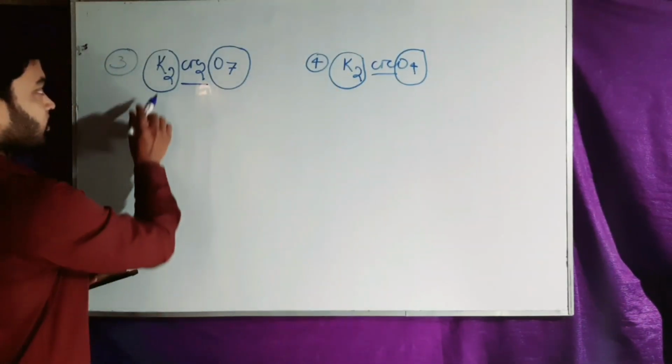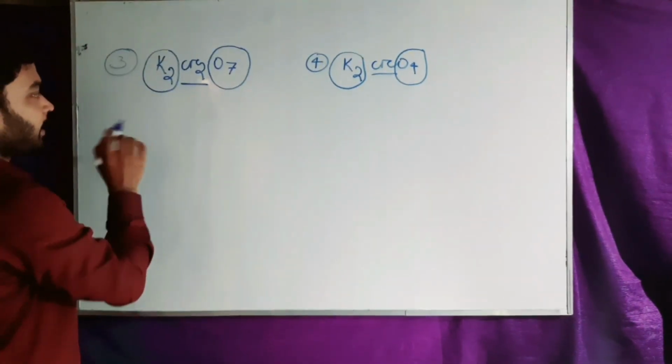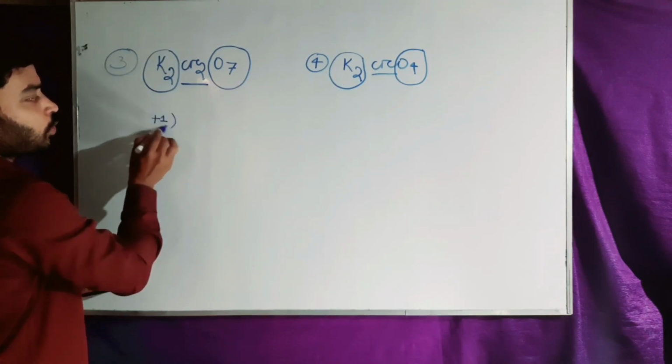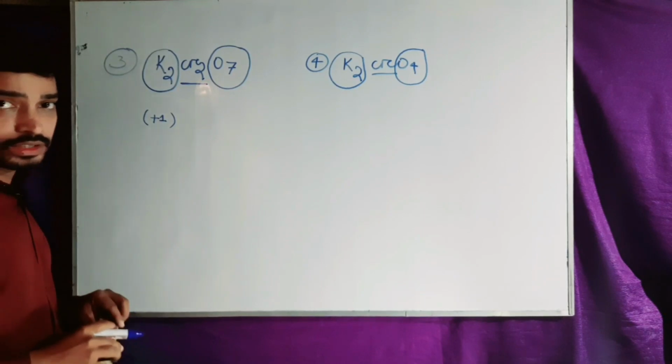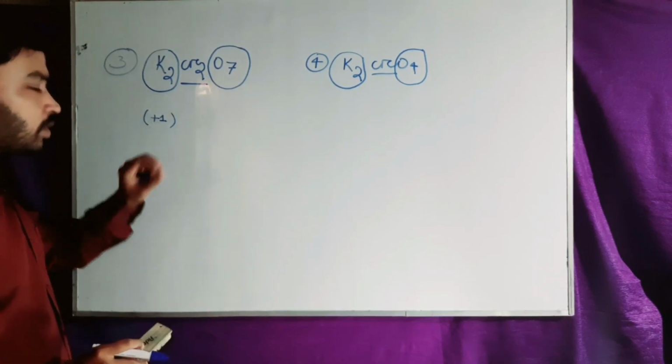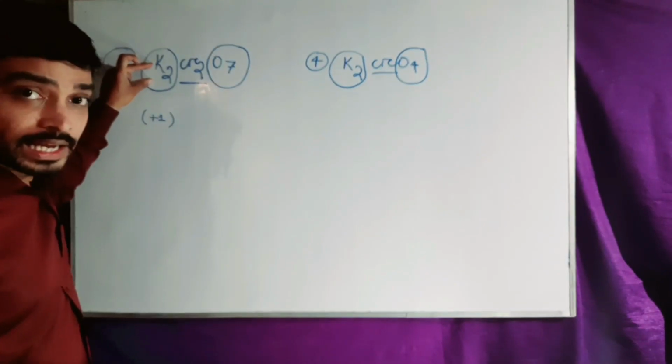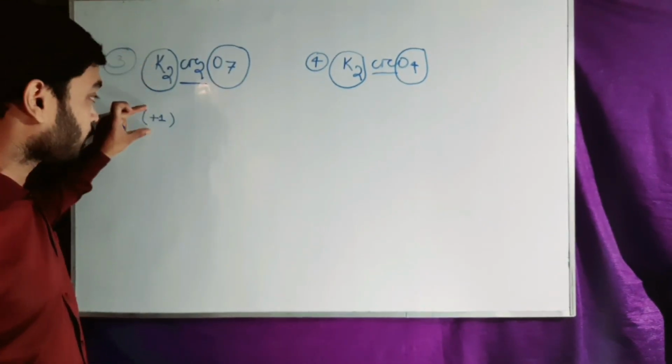That means if you have tried, you know that potassium is a group 1 element, and all the group 1 elements, excluding hydrogen, because hydrogen varies in some cases, have +1 oxidation number.